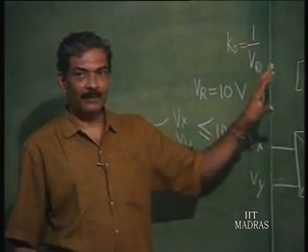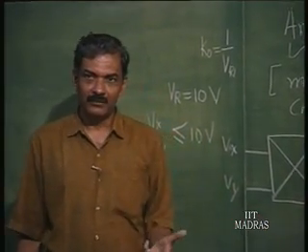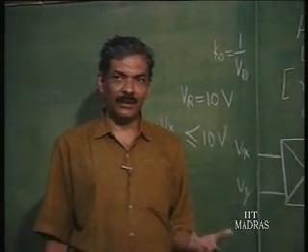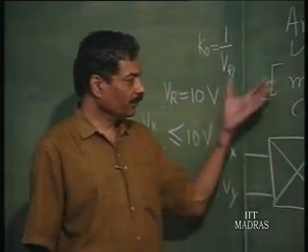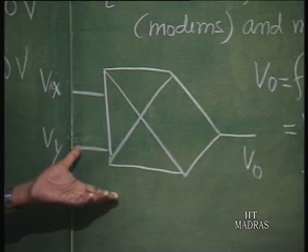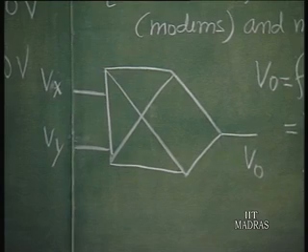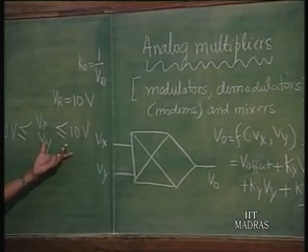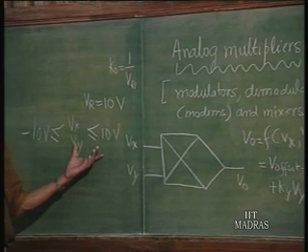In other types of multipliers which we are going to use for communications, Vr can be any value, depending upon your application. So, this is a precision multiplier, IC multiplier, which is going to be usable over the widest voltage range, and such IC multipliers are available for about 1 megahertz or so operation.